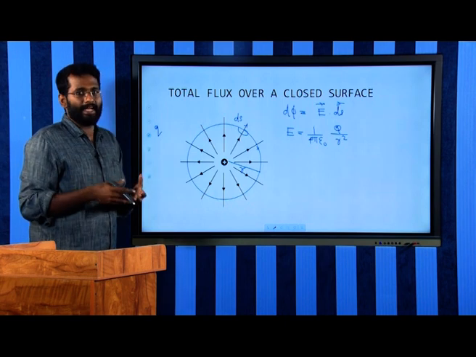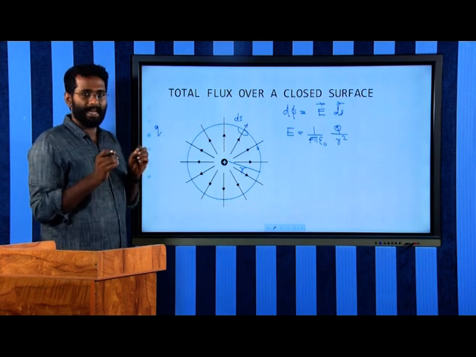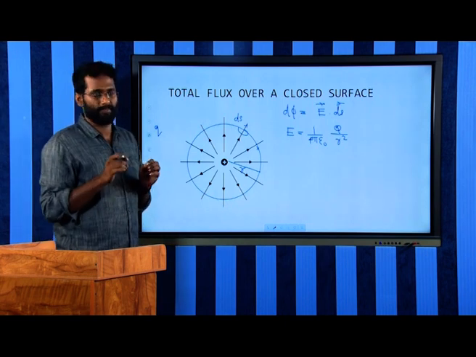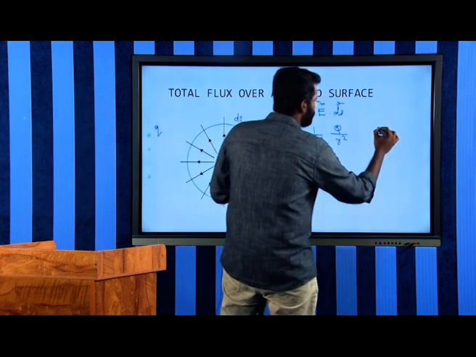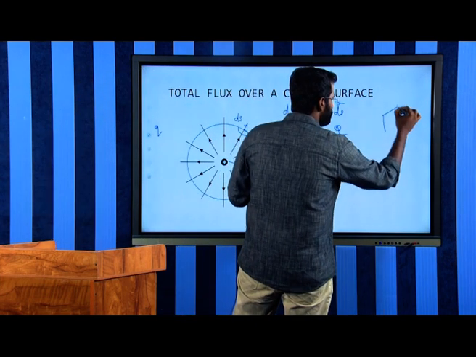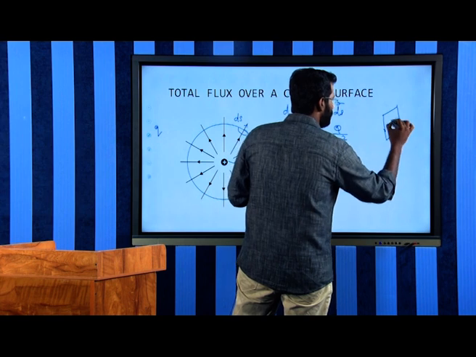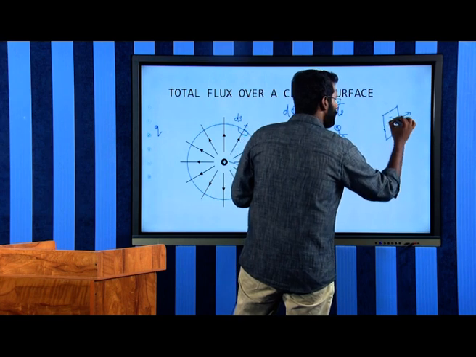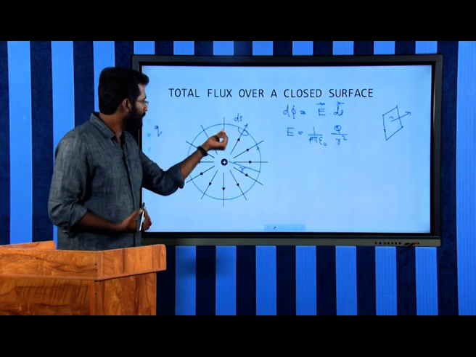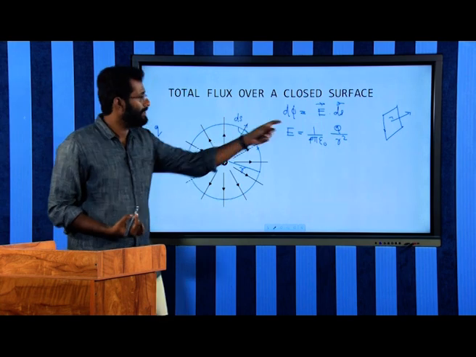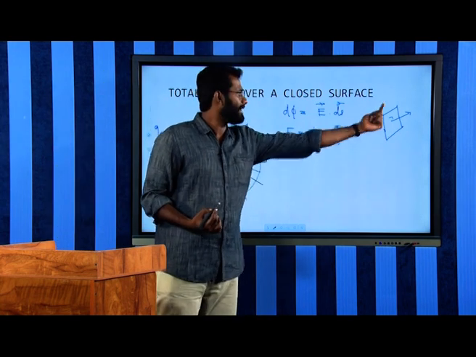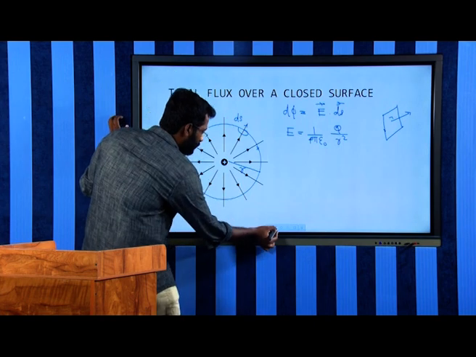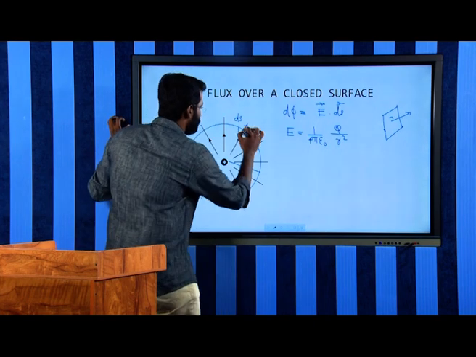Already we have said that area always has a direction normal to its surface. You can consider this small patch as a flat area and it has a normal, let me draw that normal in another color, something like this.